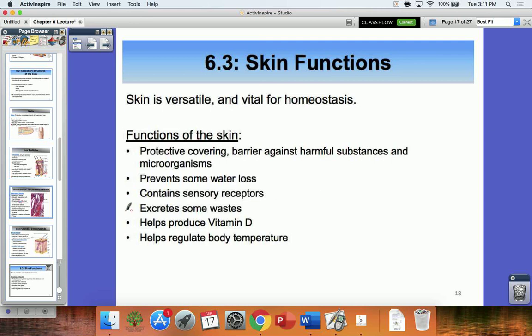It secretes some waste, like within our sebum, makes vitamin D whenever we're exposed to UV radiation, and helps us to regulate body temperature. If we're too hot, we have this red color because those blood vessels dilate. If we're too cold, they will constrict and we turn a more pale or bluish or cyan color.